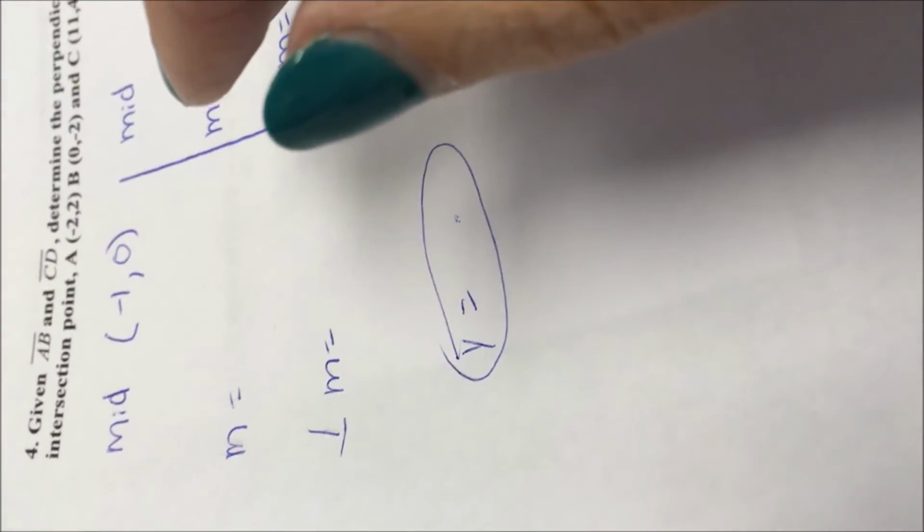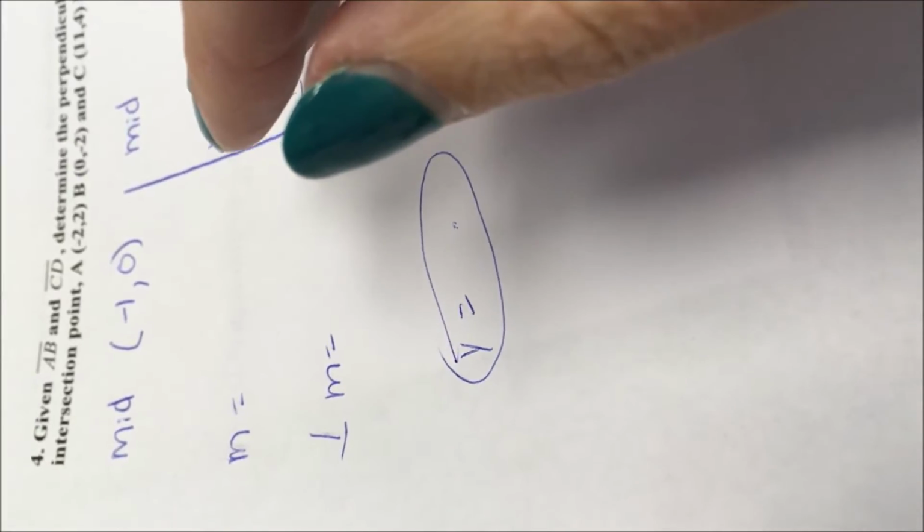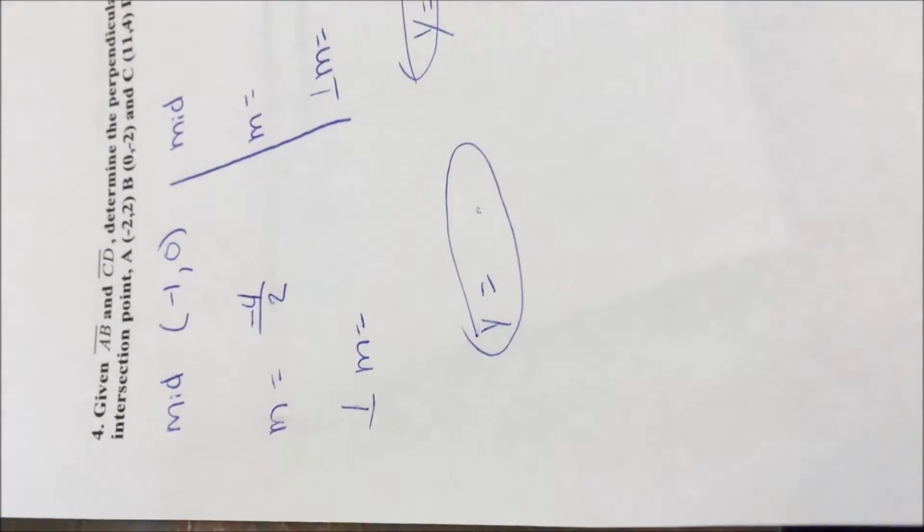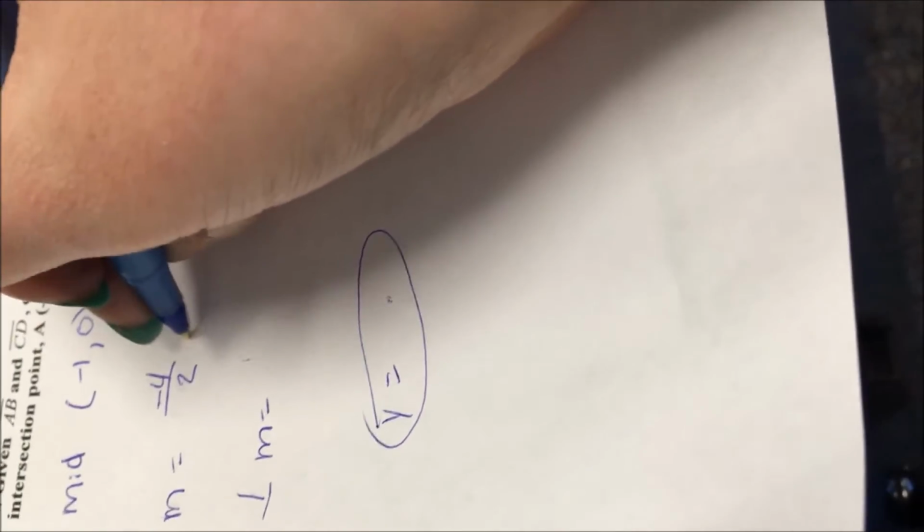Once you find x, you'd write that in their point of intersection, and then you'd go back and find y. So if you wanted to see this example, the midpoint of AB ends up being negative 1 comma 0. The slope ends up being negative 4 over 2. The perpendicular slope is the opposite of that, so this is equal to negative 2, so that would be 1/2.